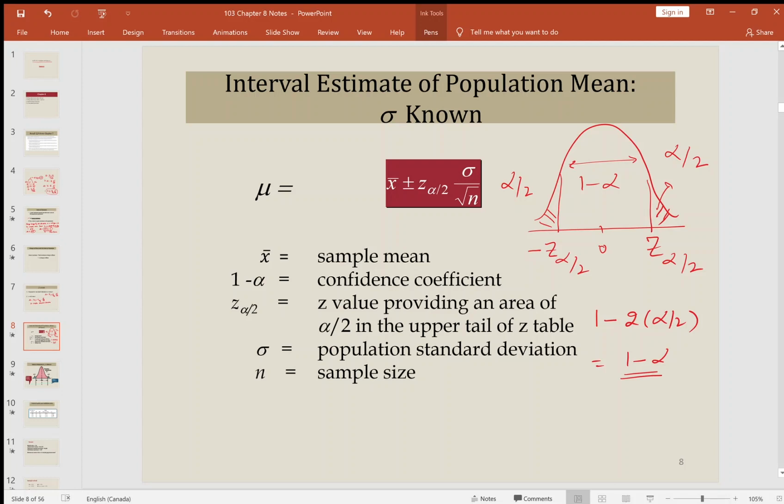Now the three most common confidence coefficients we use in business are 1 minus alpha equals 90%, 95%, or 99%, in which case we will find the alphas, alpha by 2's, and then the z-scores. We'll be doing some examples on that. Let's continue.